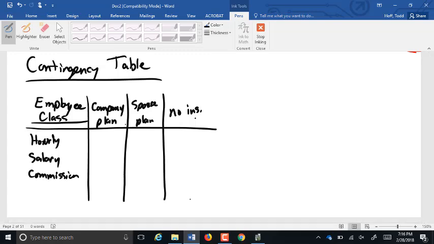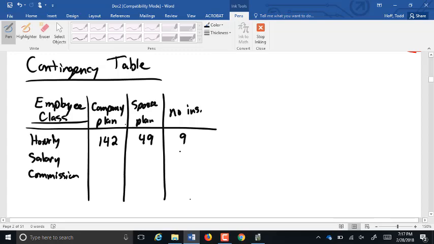So let's say that of our hourly employees, we have 142 that are on the company plan. We have 49 that are on a spouse's plan. And we have 9 that just choose not to have insurance at all. For those that are on salary, we have 26 that are on the company plan.